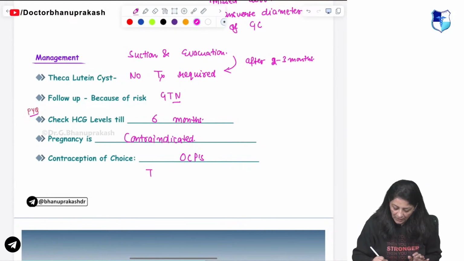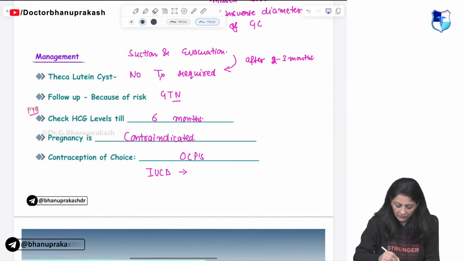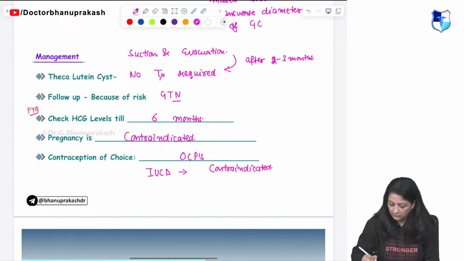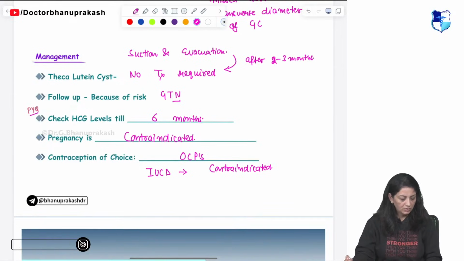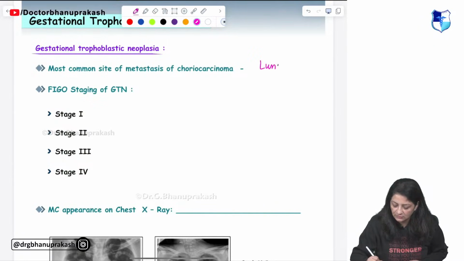So what about IUCD, intrauterine contraceptive device? This is also contraindicated, because it can cause uterine rupture. Most common site of metastasis of choriocarcinoma is lungs.